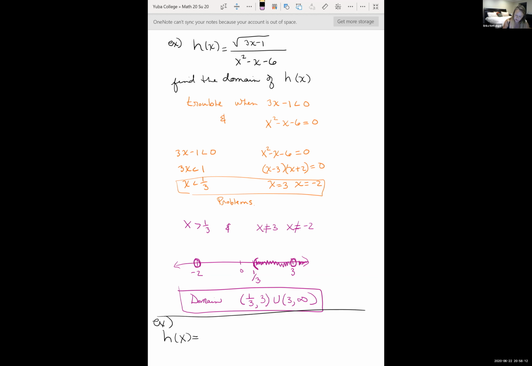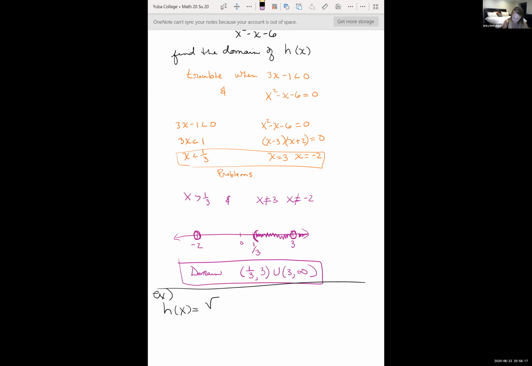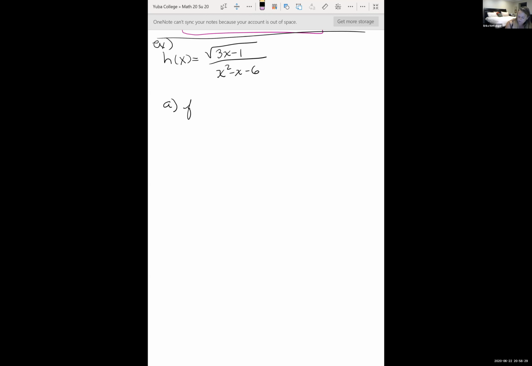h of x is equal to square root of 3x minus 1 all over this x squared minus x minus 6. So basically, what this is telling me to do is go in wherever I see an x in my equation, we're going to replace that with a 2.